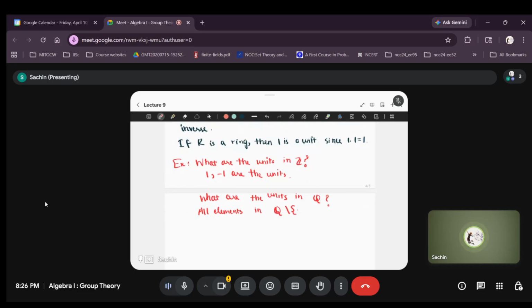And note that 0 is the additive identity here. So other than the additive identity, all elements are units. So that type of ring is called a field.